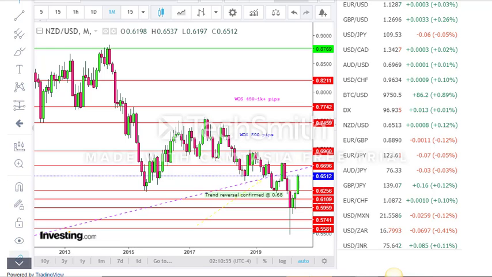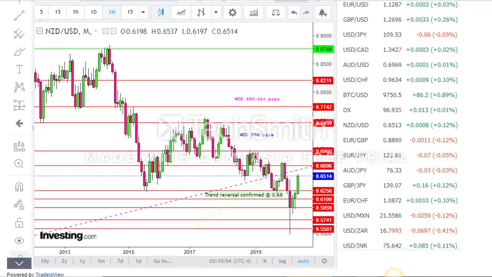So the pairs that we're going to be going over this week are NZDUSD, which I'm actually in on a trade with. I'm in on a long position at 0.6496.